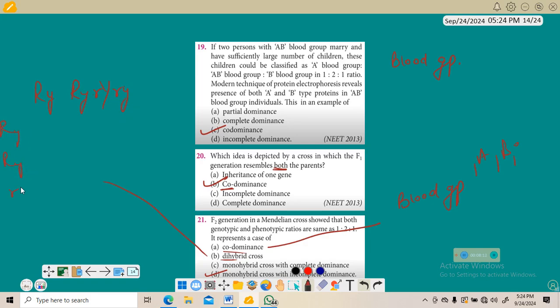Then we make a Punnett square. So this is the dihybrid cross. Then monohybrid, no such term is there, complete dominance. Okay, next question.